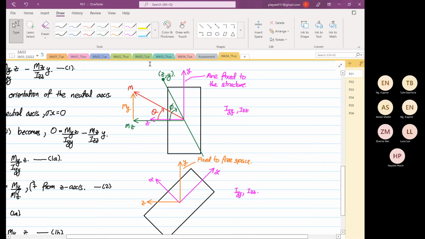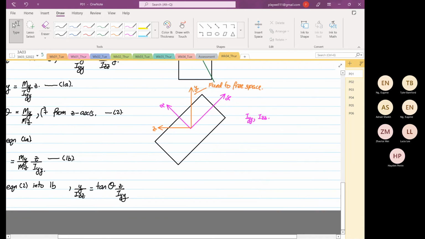So this height over here, this height I'm drawing now, that is for your y, and this orientation over here, this is for your z.